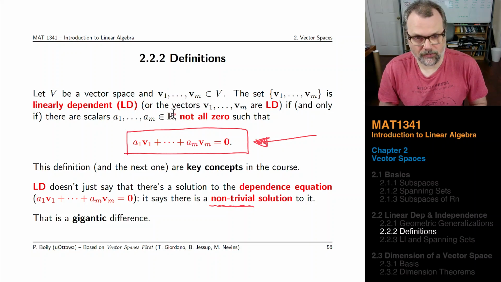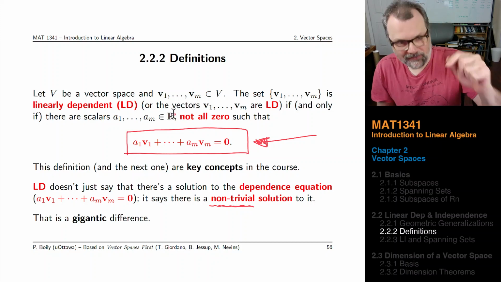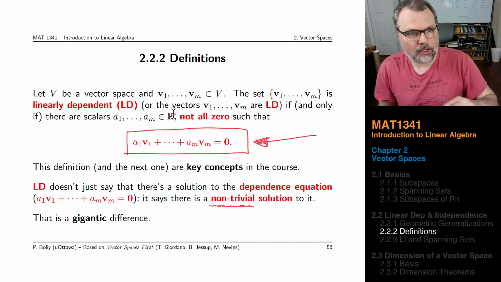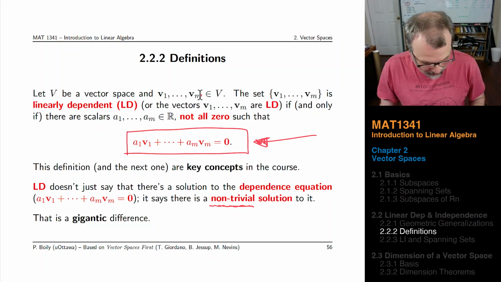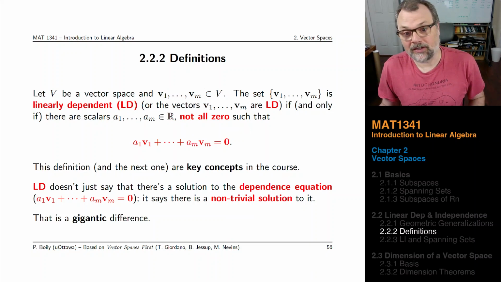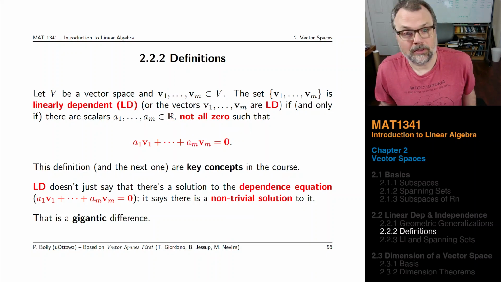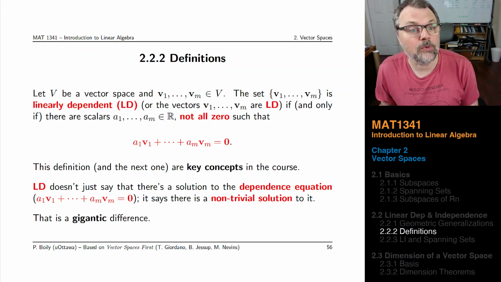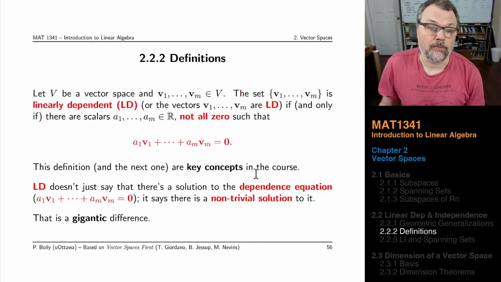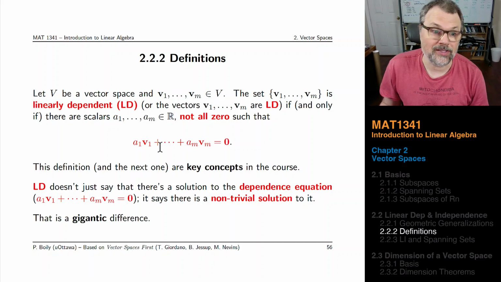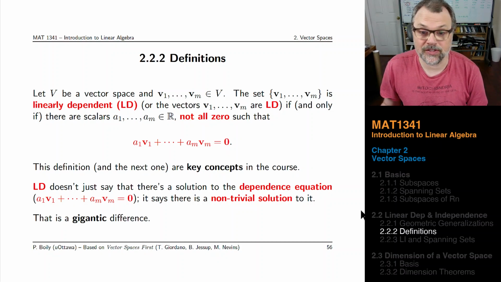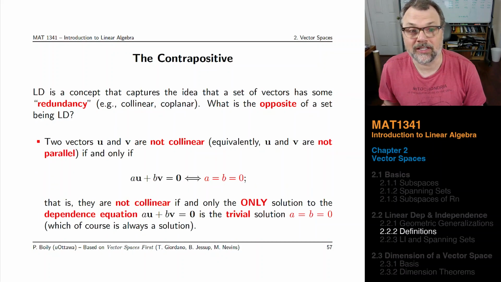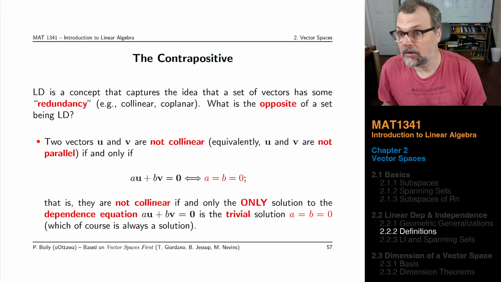That's a huge difference. If you can find a non-trivial solution, they are linearly dependent. If you cannot find a non-trivial solution, if the only way for the dependence equation to give you 0 is if all of the scalars are 0, then the vectors are linearly independent, LI.